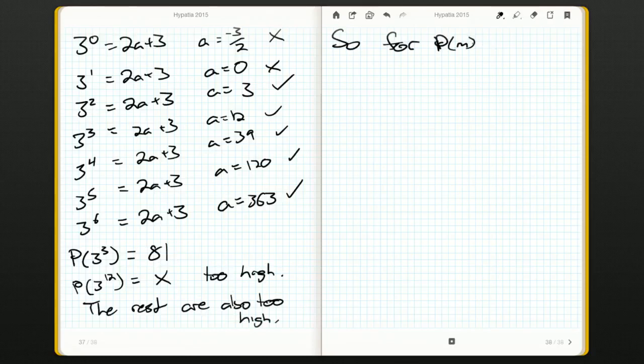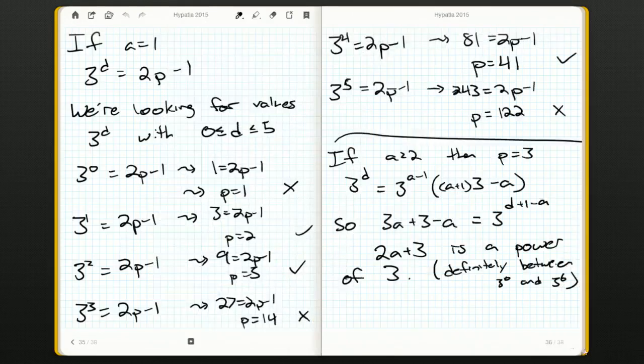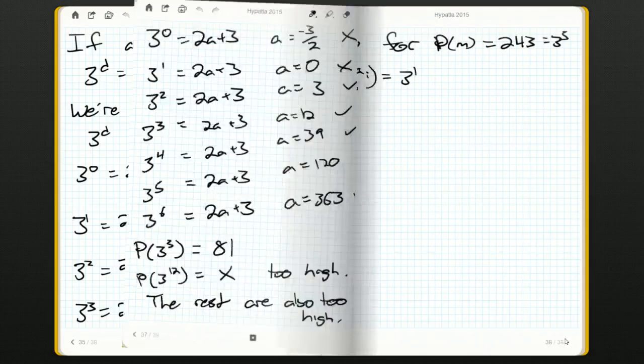So relating back to our original problem, P of m is equal to 243, which is 3 to the power of 5. And each of these p_i^a_i can be either 3 to the 1, for p equal to 2.